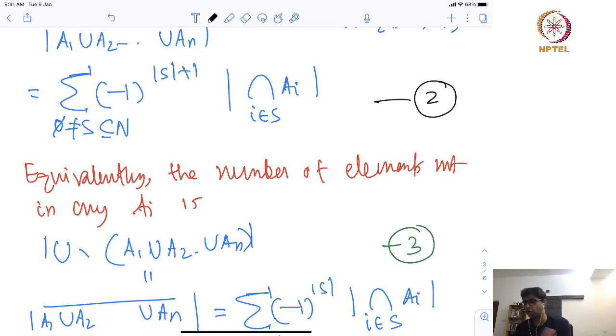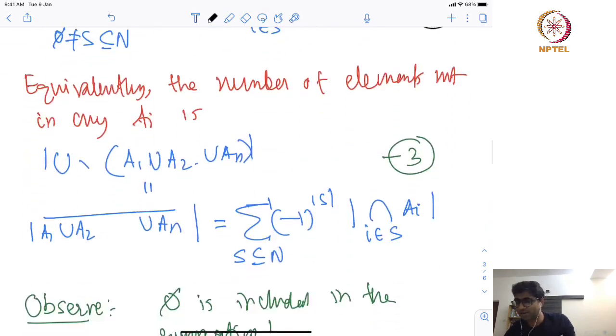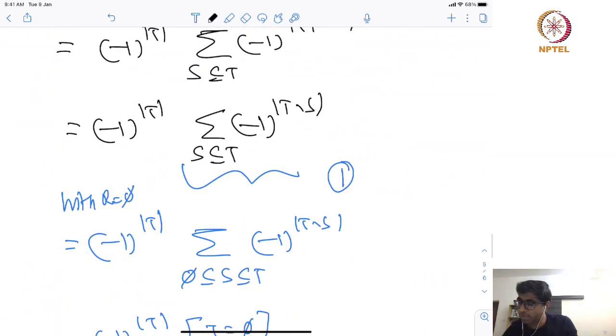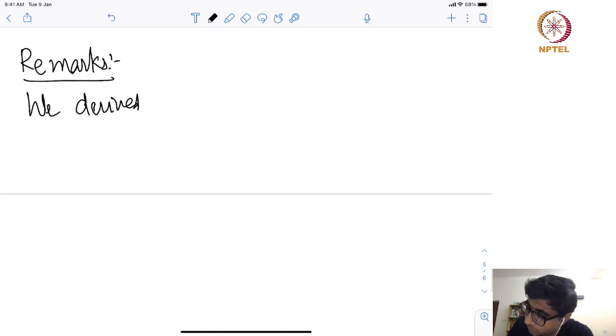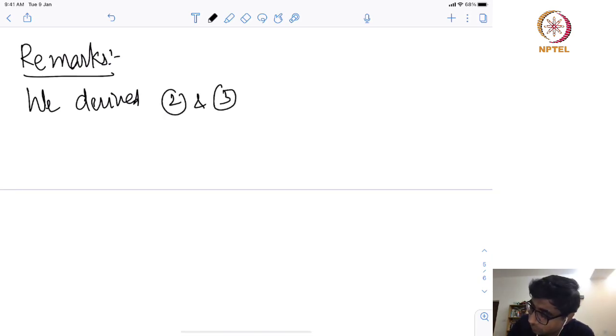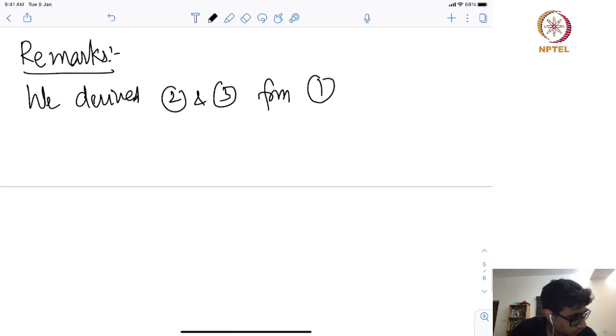If you apply De Morgan's law, you will get exactly this. I am not going to prove why 2 and 3 are equivalent, but it is just straightforward. So basically, we derived 2 and 3 from 1 using R equal to phi.